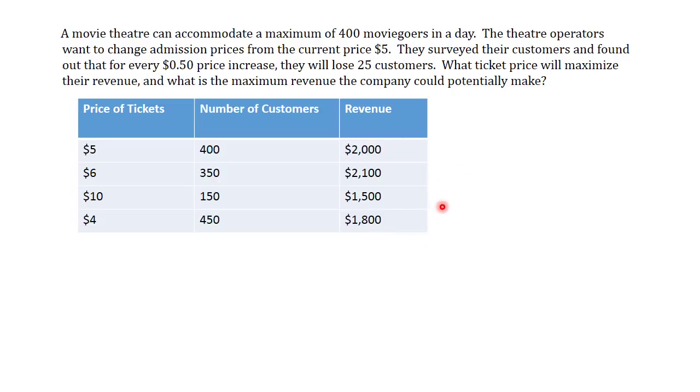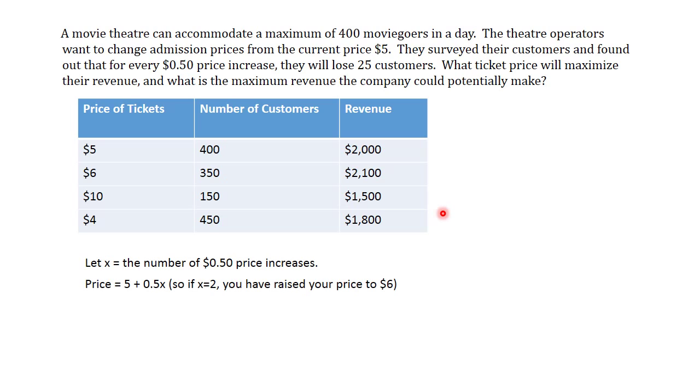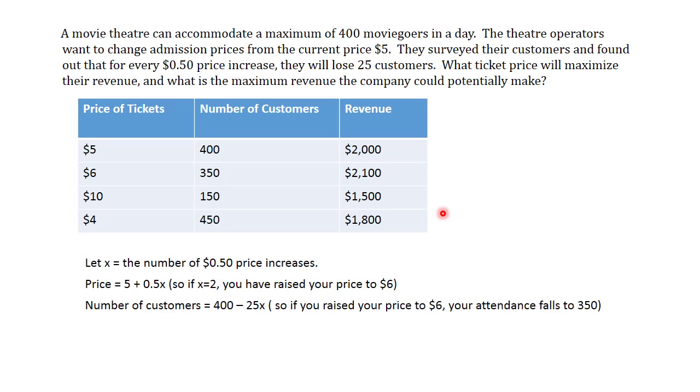So we might have to look at a more organized and structured way to figure out exactly what price they should charge. Well, let's start by putting a let statement together. We're going to let X equal the number of these 50-cent price increases. From that, we're going to develop a price equation and a number of customers equation. The price equation, remember, you started off at $5, and every time you raised your price, you added 50 cents to it.